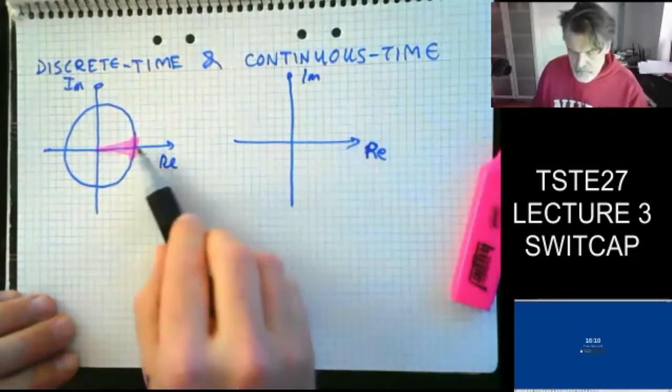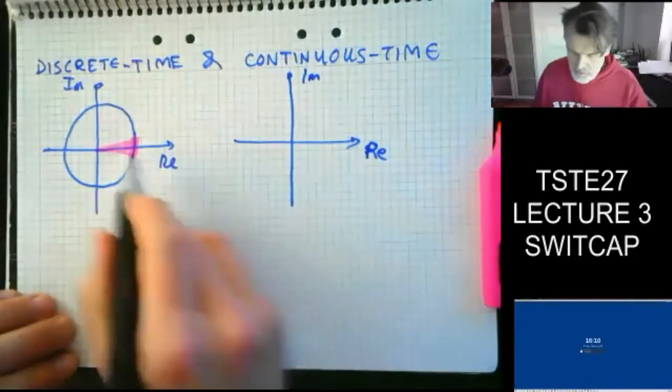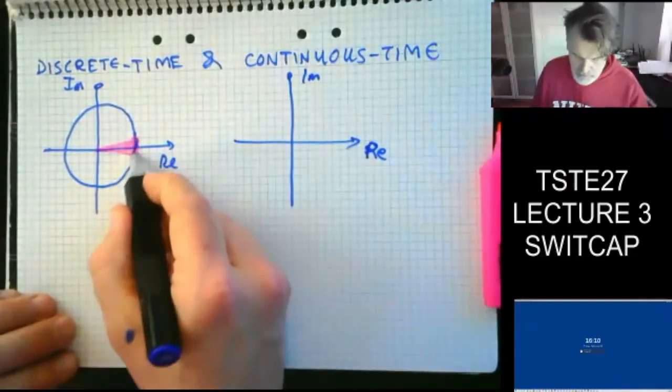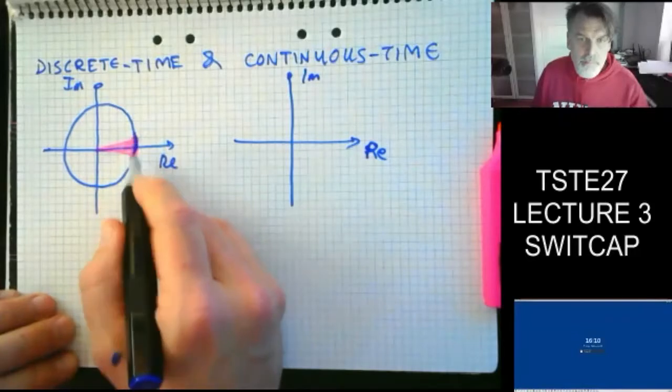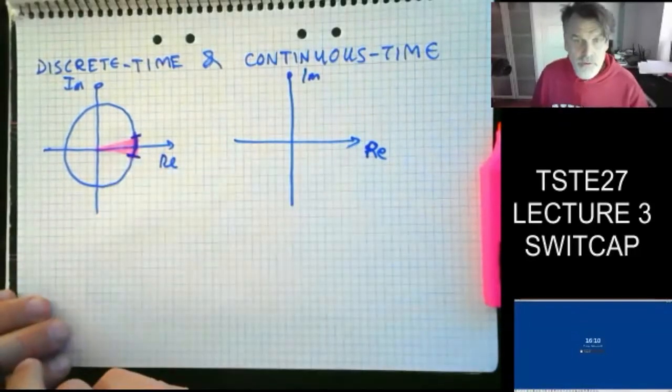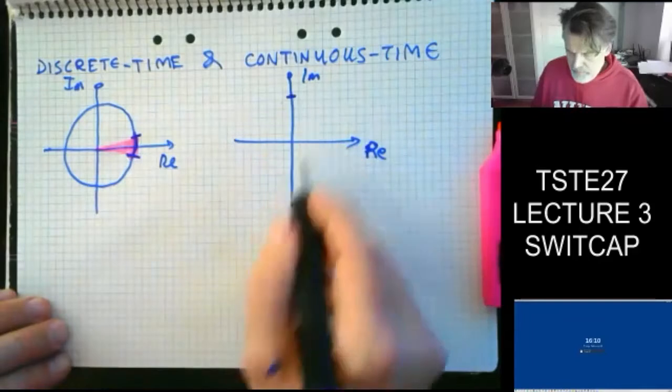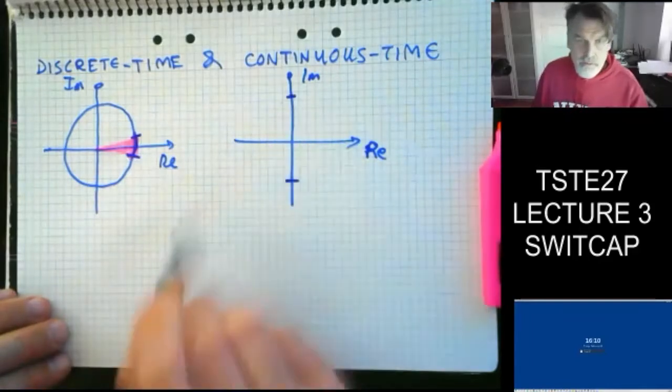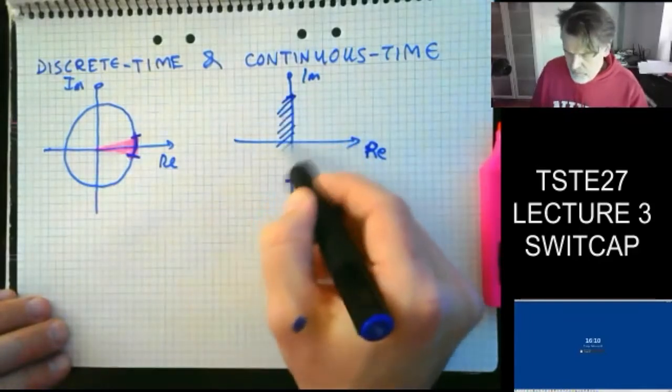This is my frequency of interest, and that maps then, this is approximately pretty linear, this short region of the unit circle, and that's then mapped to a certain region on our continuous time domain.